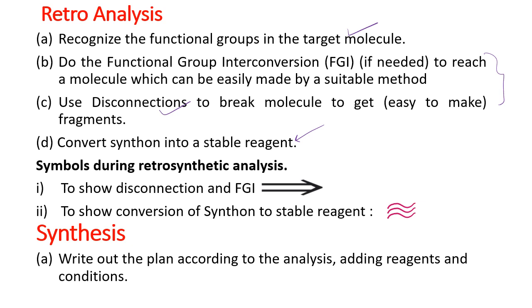So in the coming discussions now, we will solve some examples and try to understand the complete retrosynthesis. That is, we go back to get the starting material, and then we use the starting material again to make the target molecule.